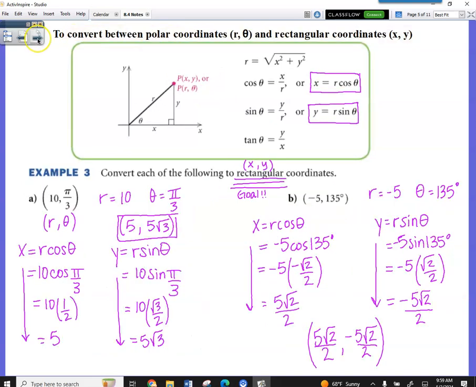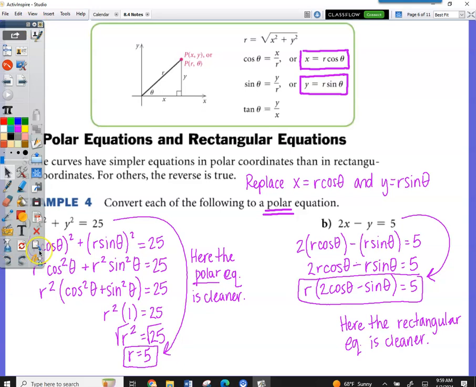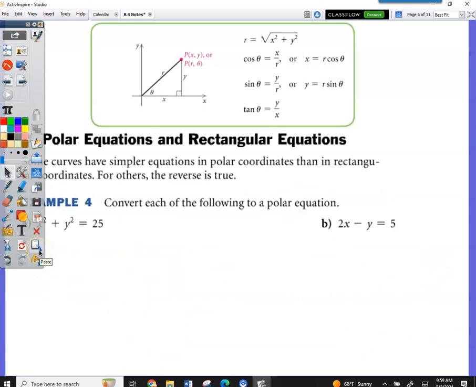Then we practiced converting from polar to rectangular. Now we're going to look at writing the equations of a polar graph, and then writing the equations of rectangular graphs, okay?